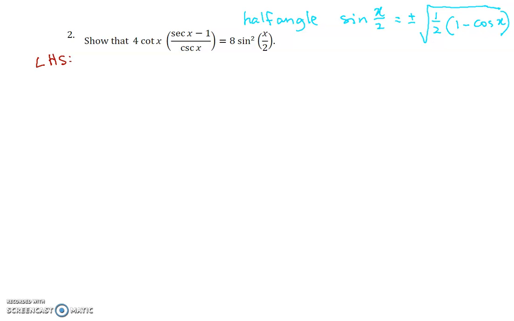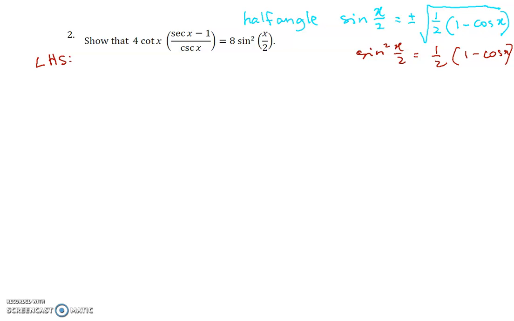Sine squared of the half angle should be half of 1 minus cos x. So this is what we want.